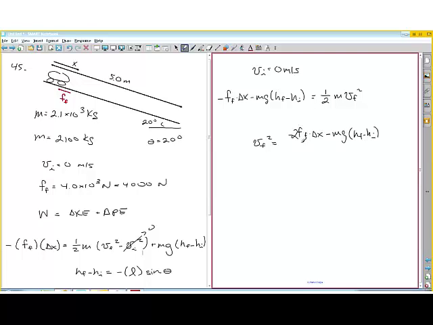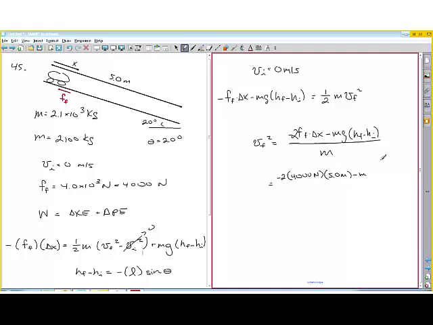The 2 comes out front, and the mass goes to the denominator. So let's calculate it squared, and then we'll take the square root. So we have negative 2. The friction force is 4,000 newtons. Delta x is 5 meters. That's the distance along the plane.